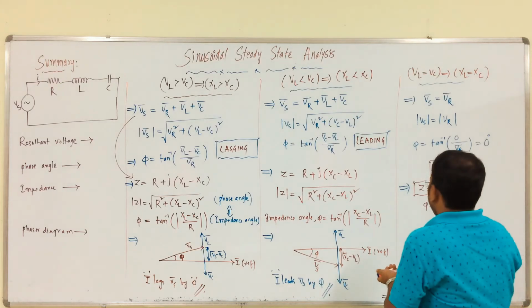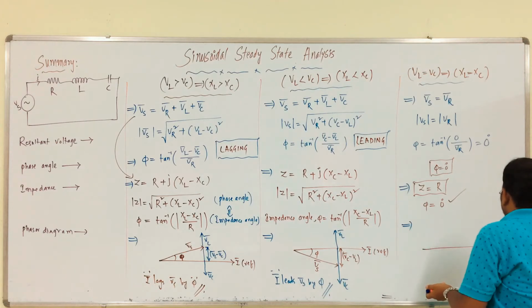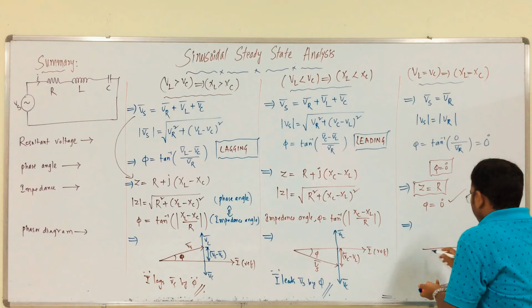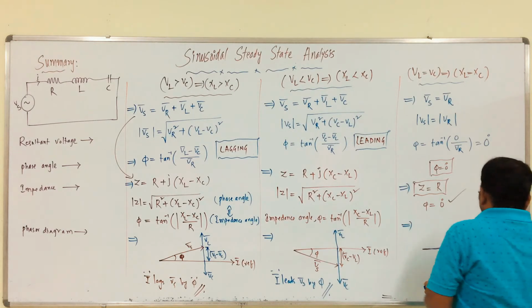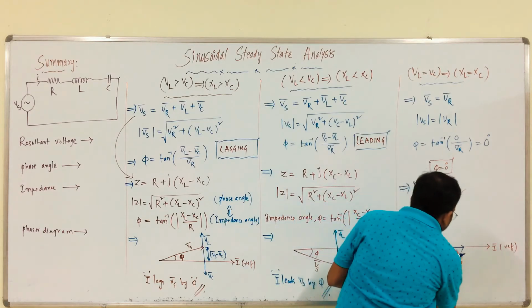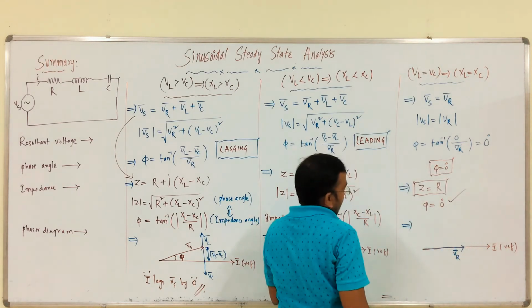Then phasor diagram. This is I taken as reference. See, VR is always in phase with current.